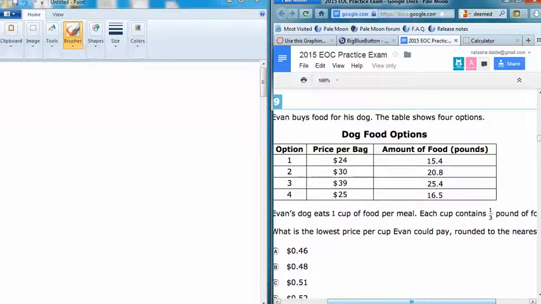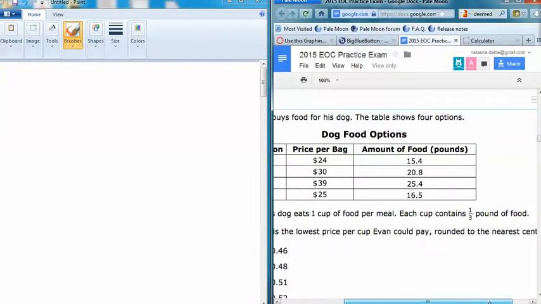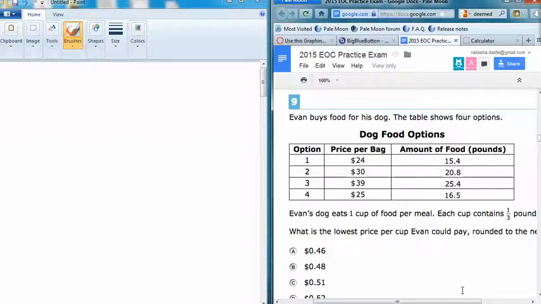Okay, let's see. Boy, how do you solve this thing? Does it tell me? Oh, okay. Each cup contains a third of a pound of food. Oh, okay, okay, okay. All right.